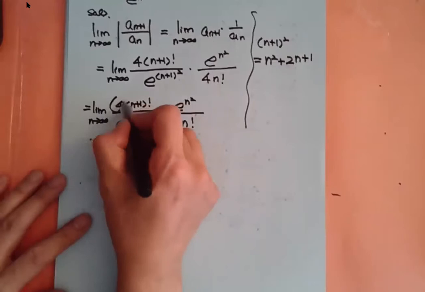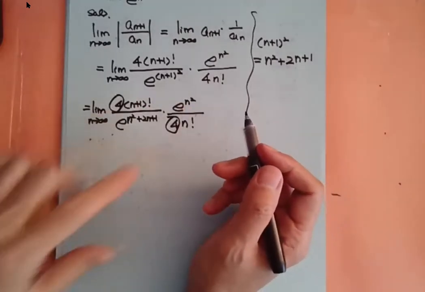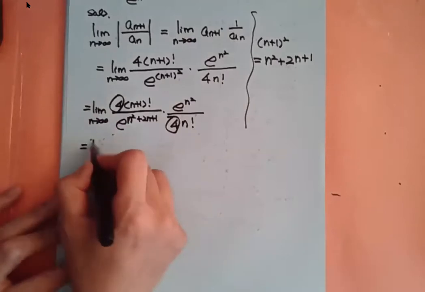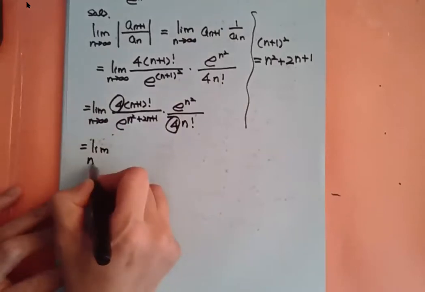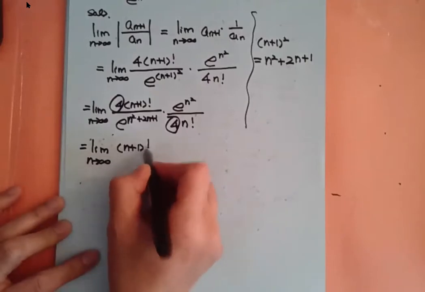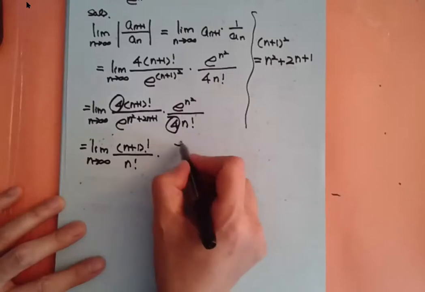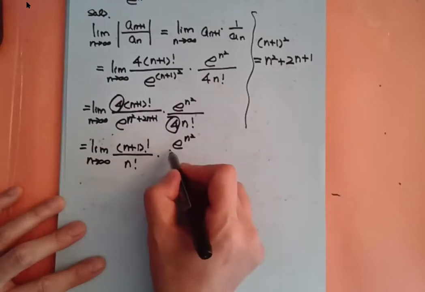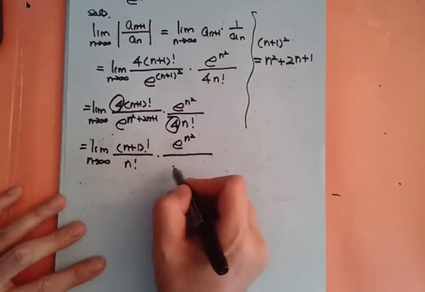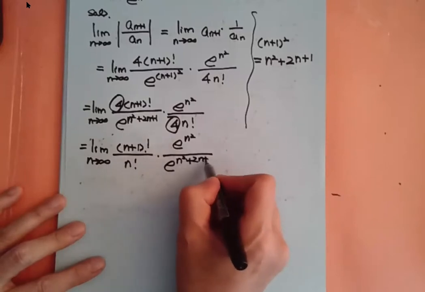So these 4s will cancel each other, and we will gather the same kind. So limit n goes to infinity, n plus 1 factorial over n factorial times e to the n squared over e to the n squared plus 2n plus 1.